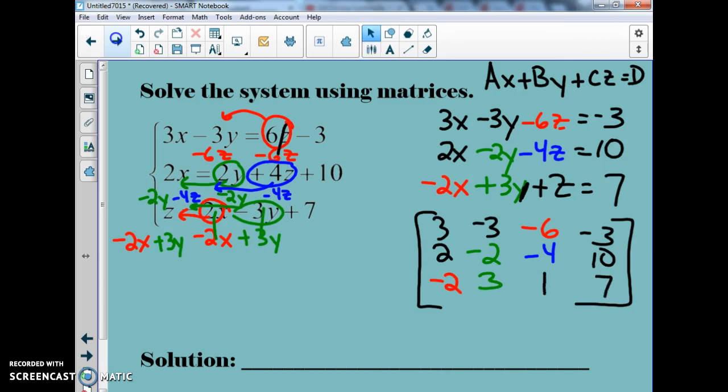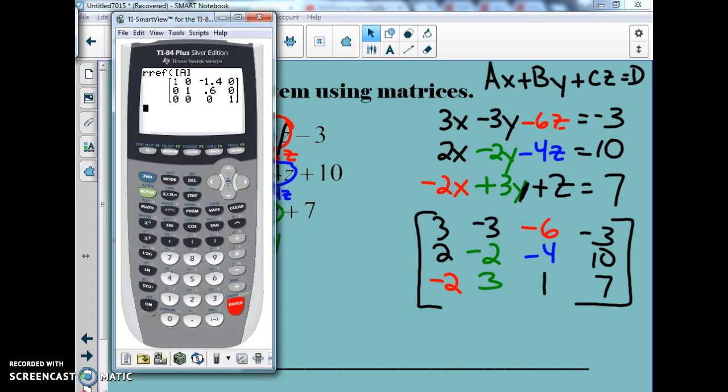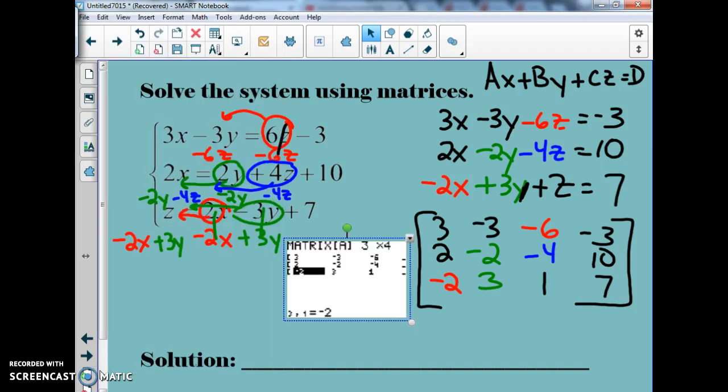This will give me a 3x4 matrix. I'm going to show you how to enter that in relatively quickly. So we'll go to second, x to the power of 1, go over to edit. You'll go in here, enter 3, enter, 4, enter, and then you'll enter in the rest of your matrix. And I will show you the completed matrix in a moment. This is the completed matrix. Now I'm going to go ahead and enter all that in and give us an answer.